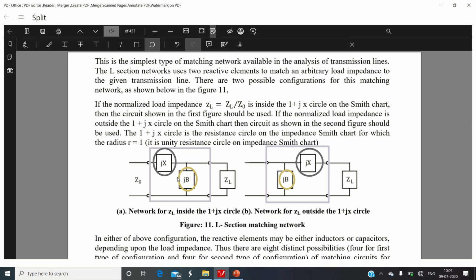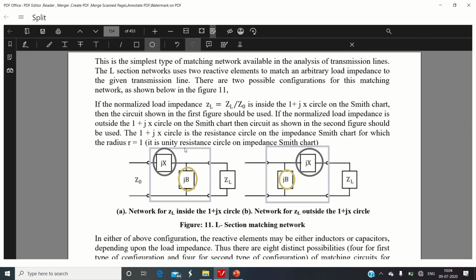Which configuration is used at what time depends on whether the normalized value of the load impedance lies within the unit resistance circle or outside it. When the normalized load impedance lies within the unit resistance circle, the 1 plus jx circle, we use the configuration in which the first element is a parallel element and the second element is a series element.